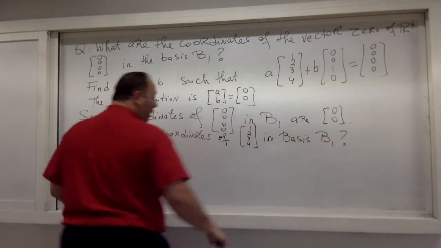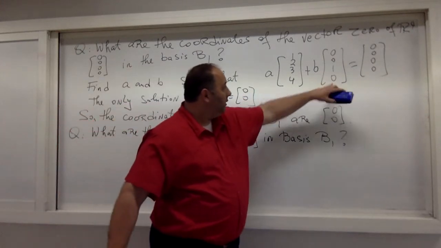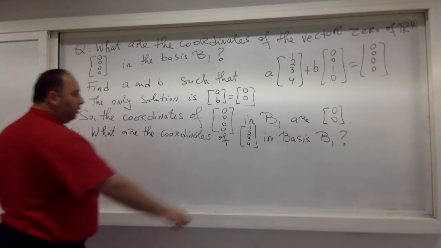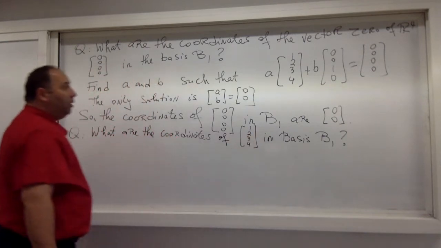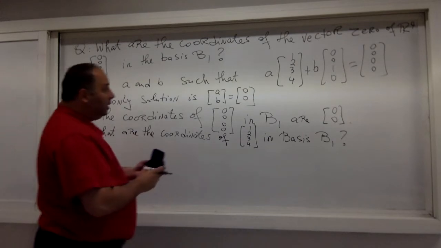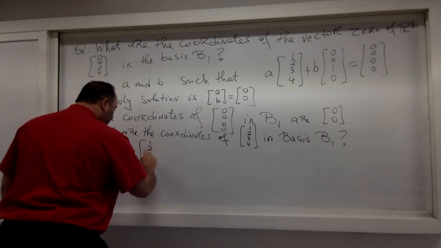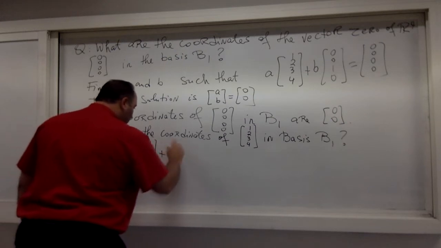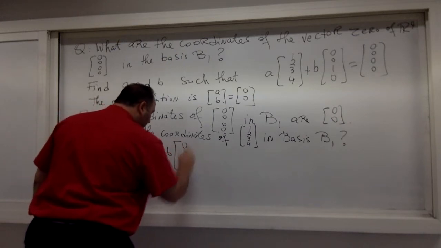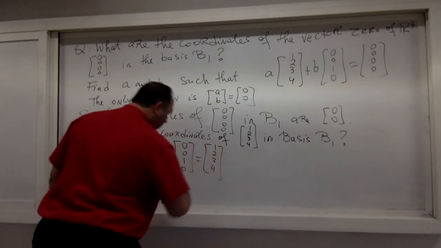So basis B1, we remember, is this guy, and this guy. So what are the coordinates of this guy in this basis? So what am I looking for? I'm looking to solve A 1, 2, 3, 4 plus B 0, 0, 1, 0 equal to 1, 2, 3, 4. So that's what I want to solve.